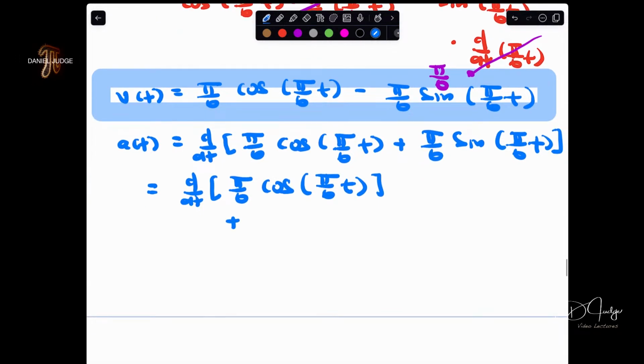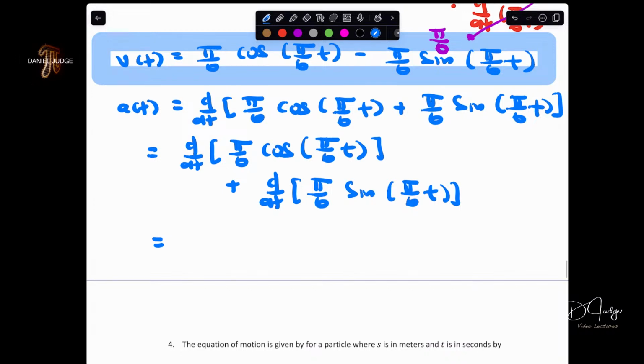Derivative of a sum is the sum of derivatives. Pull out your constants. Let's get this out here.